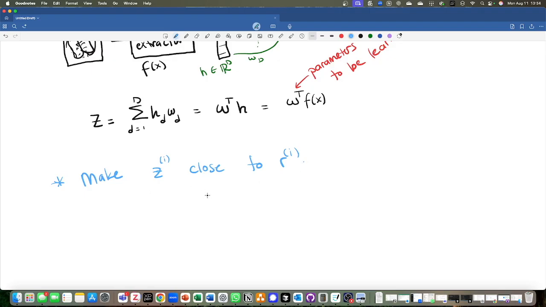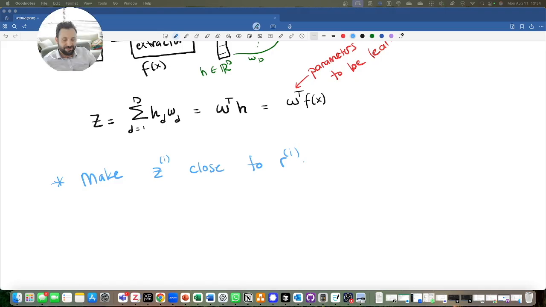Very naively, we can think of doing it as such. And also, not worrying so much at first about the statistical aspects of the problem, we can minimize. We can introduce an error function.